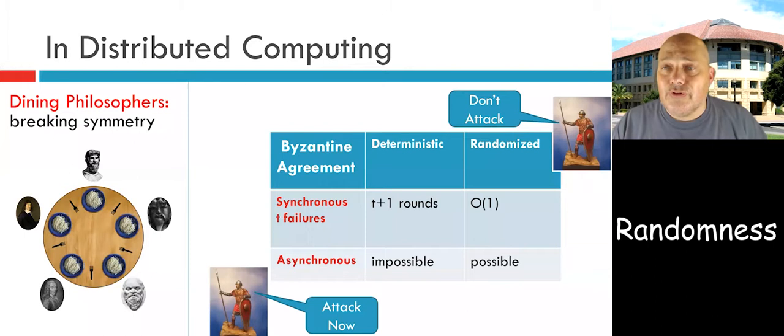Perhaps we want it to be the case that if all of them want to attack, they will attack. If all of them want not to attack, they won't attack. And in between, they can do whatever they want. Turns out that there is a huge difference between deterministic and randomized algorithms or protocols.